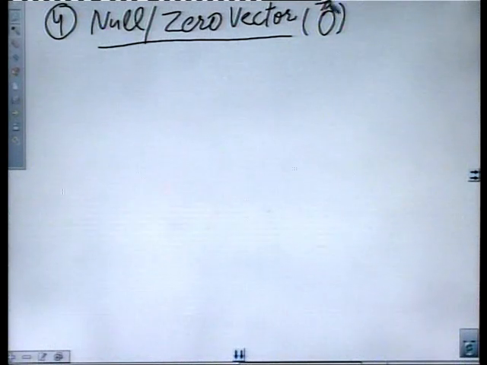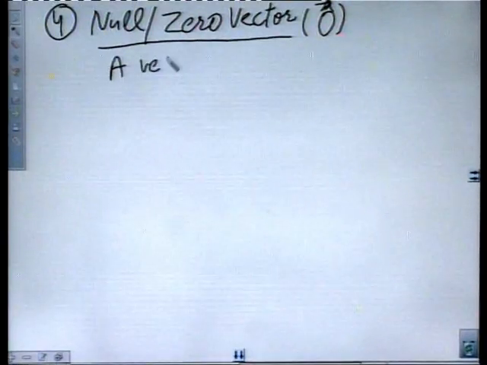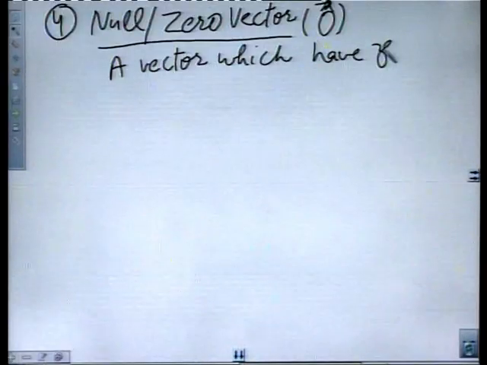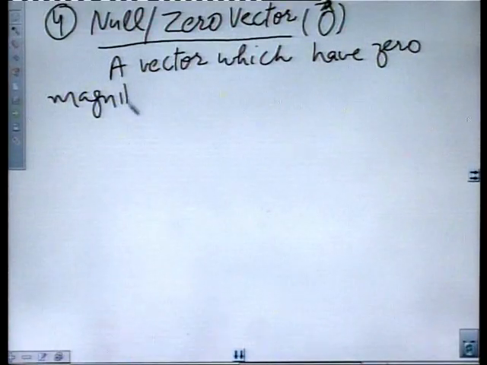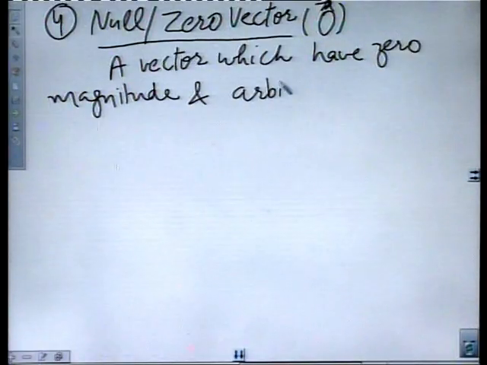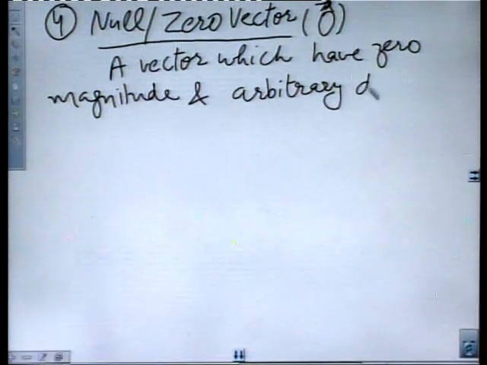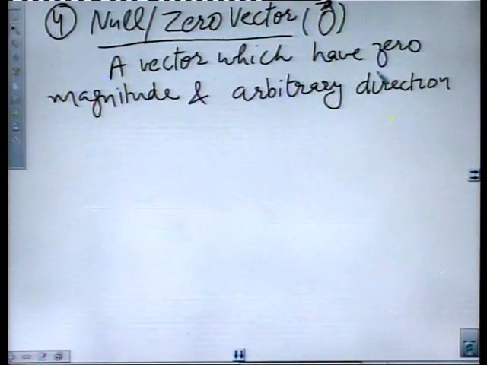It is a vector which has zero magnitude and arbitrary direction, and is known as a null vector or zero vector.